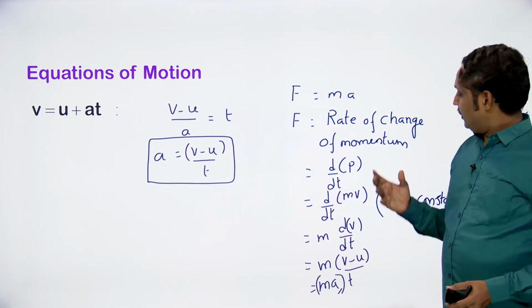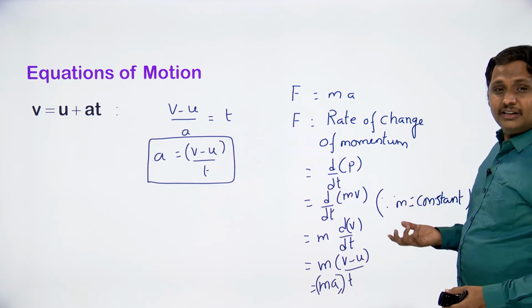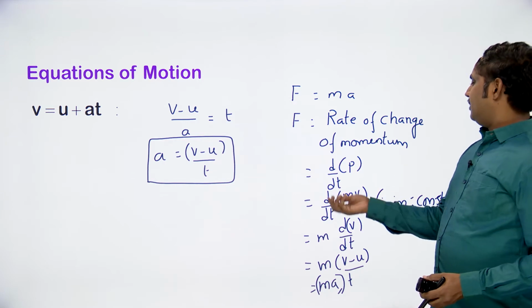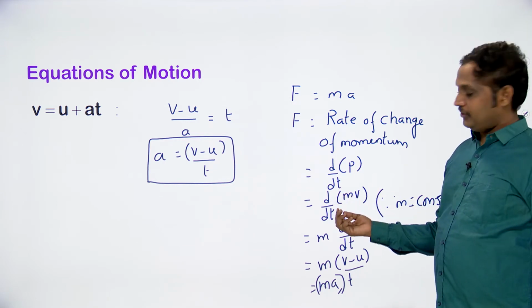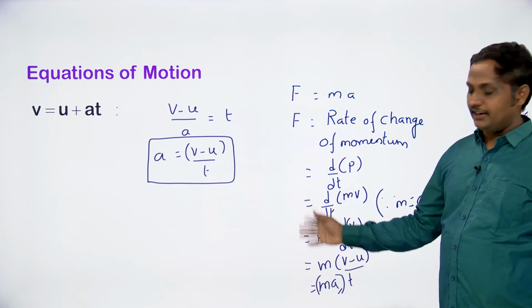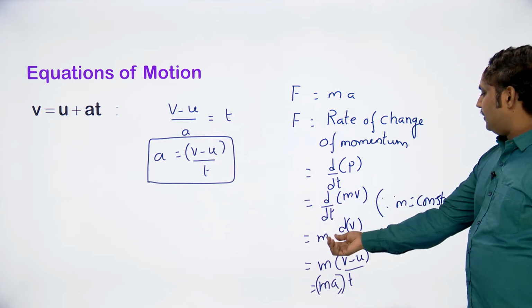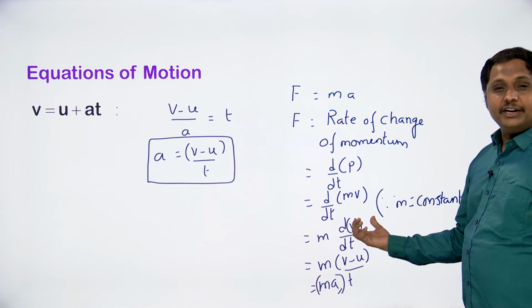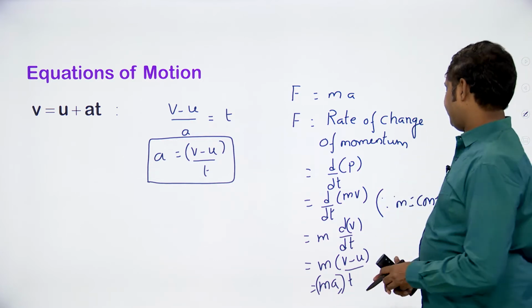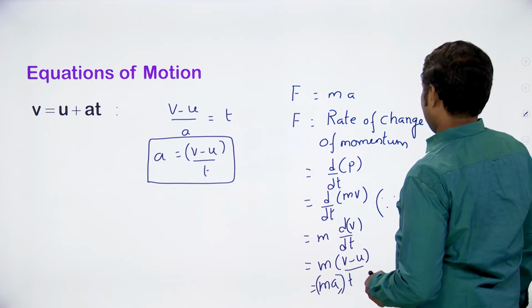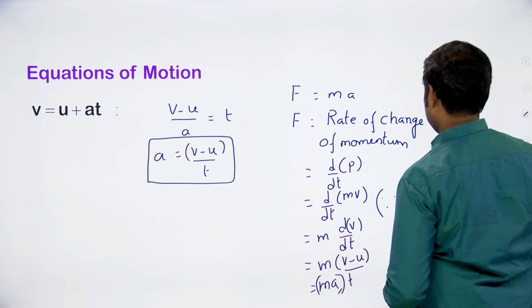Now, p is equal to mv, m is constant, we will keep it outside, that is better. Therefore, m into d by dt of v, the rate of change of velocity, is going to be identified.